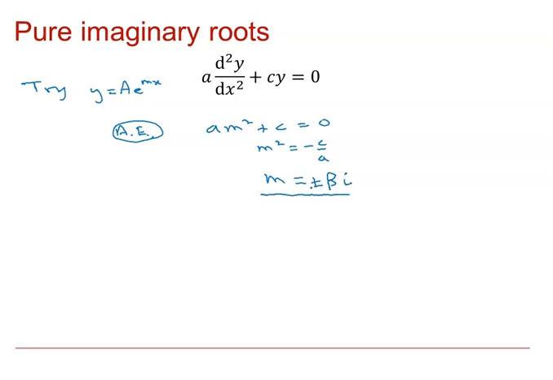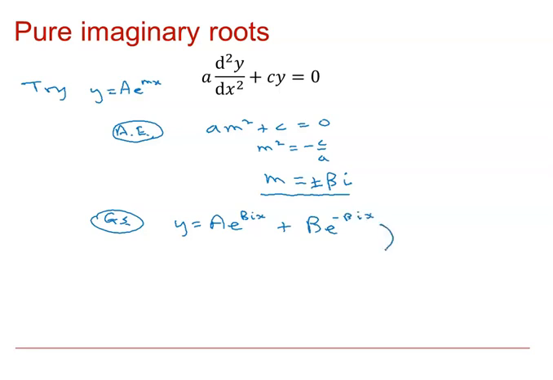So we have imaginary roots this time, and they're imaginary because the auxiliary equation had a negative discriminant, and that means that my general solution could have the form y equals a e to the beta i x plus b e to the minus beta i x.